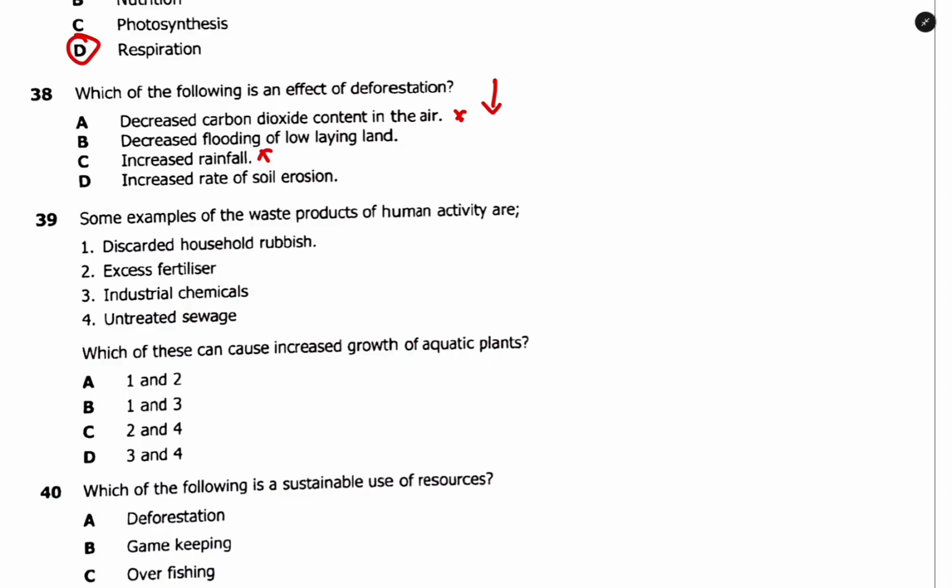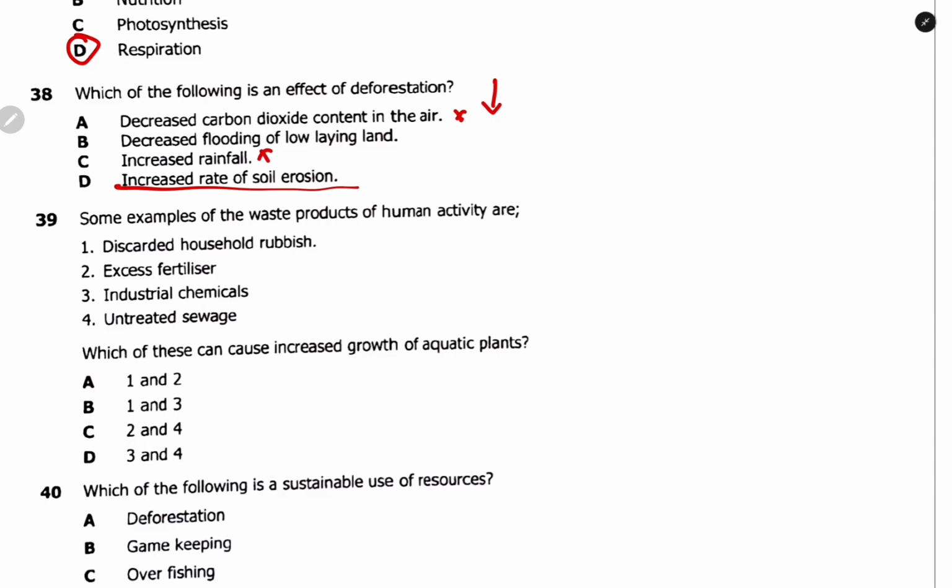Deforestation, or cutting trees for charcoal burning, is one of the contributing factors. Until we stop doing that, we are going to face challenges in terms of climate change, and of course increased rate of soil erosion. So for this one, I would go for D, increased soil erosion, because trees hold or anchor the soil.